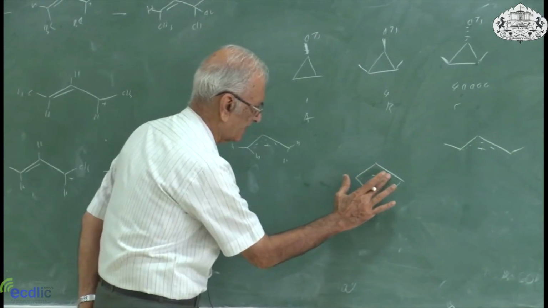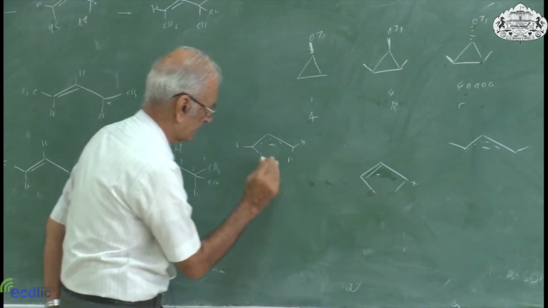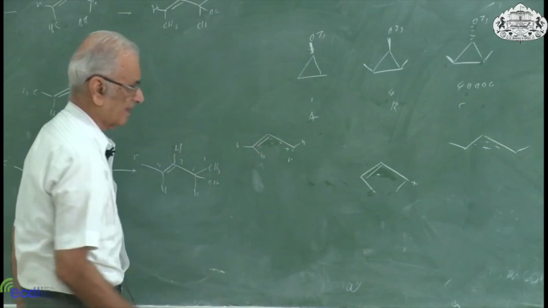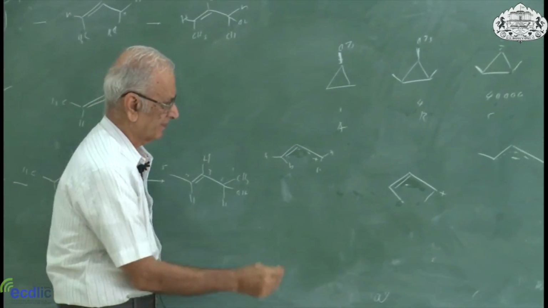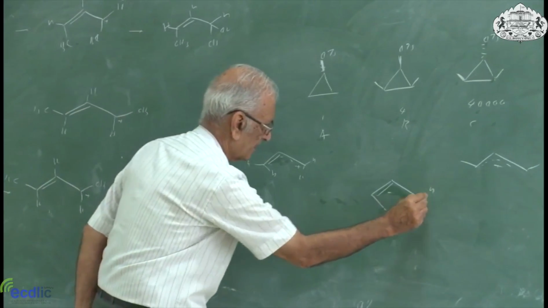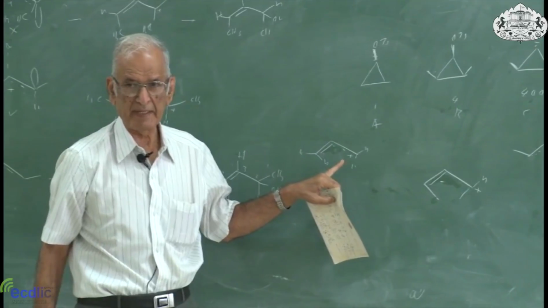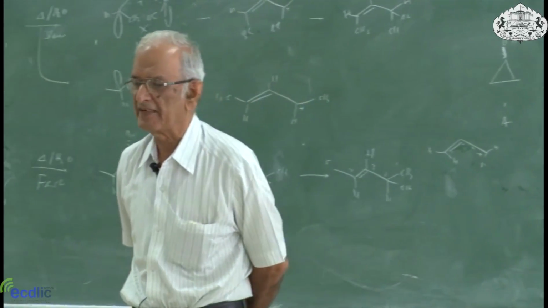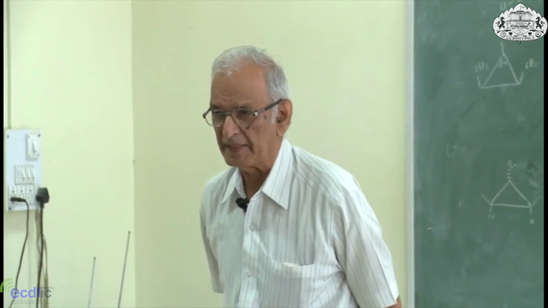I will localize this. Now can you tell me why? That's a primary cation. That's a secondary cation. Secondary cations are more stable than primary cations.